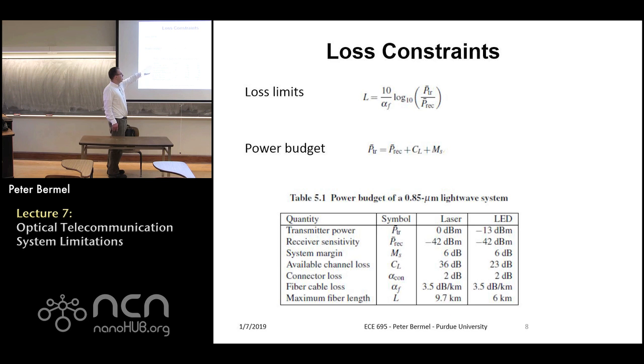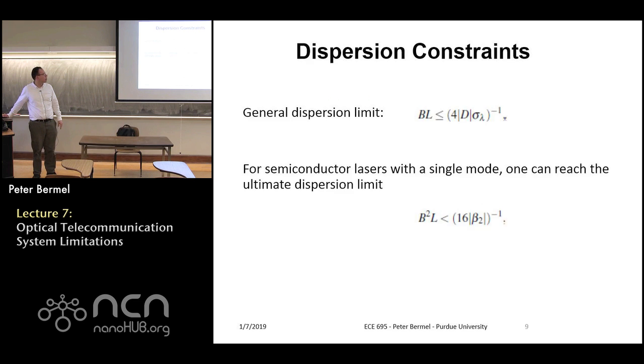But then you can see that even though the laser light is maybe an order of magnitude larger, in practice, the max length that you can tolerate before amplification is not that much greater for the laser than LED for this system. And of course, there are other systems now that have much lower losses, so that's why we can go well over 10 kilometers nowadays. But this is just a case study, if you will, of this kind of problem.